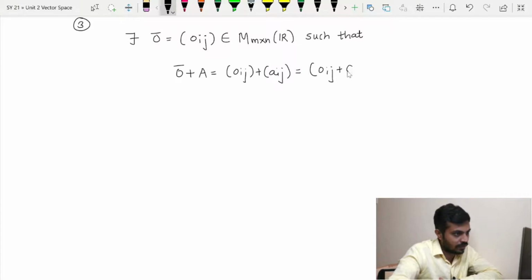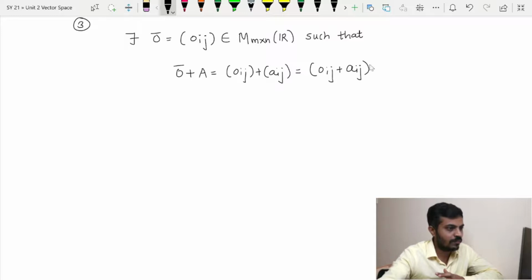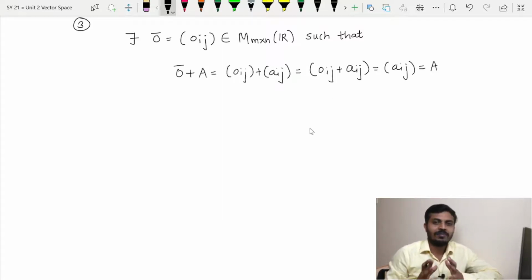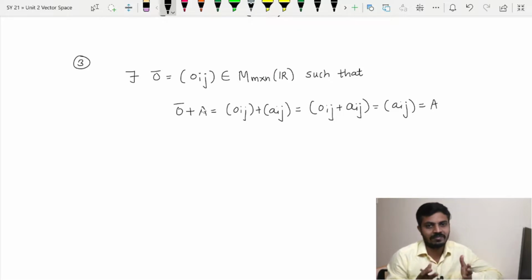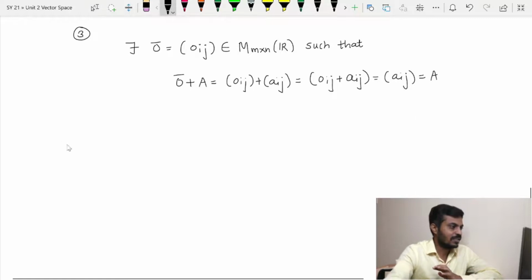This is how the addition is defined, right? The entries of 0ij are 0 only, and this will be equal to Aij, and that is nothing but our matrix A. Thus we are able to find a vector 0 bar such that A plus 0 bar is equal to A, or you can say 0 bar plus A is equal to A. It is one and the same, because according to the first property, A plus B is equal to B plus A.